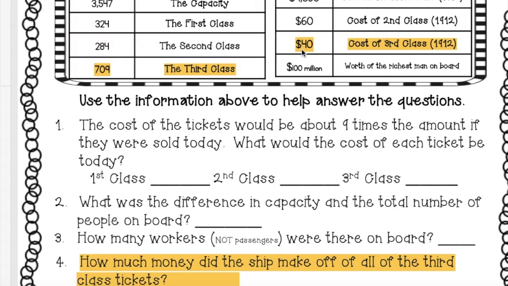But they want to know the total amount of money that all of those third class tickets brought in. So what we have to do here is set up a multiplication equation. We're going to take the amount of third class passengers, which is 709, times the amount that they paid for their ticket. So our equation is going to be 709 times 40. That's going to give us our answer for number 4.